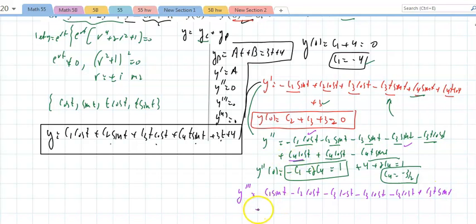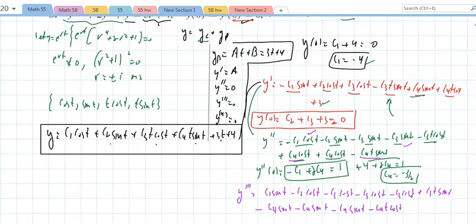Oh, I should have combined those, that's okay. Now minus c sub 4 sine of t minus c sub 4 sine of t, and the product rule, minus c sub 4 sine of t minus c sub 4 t cosine of t.